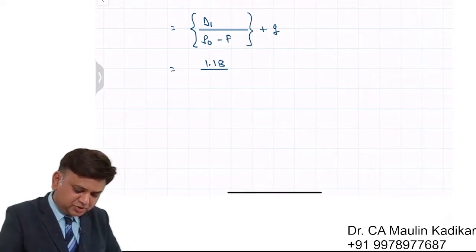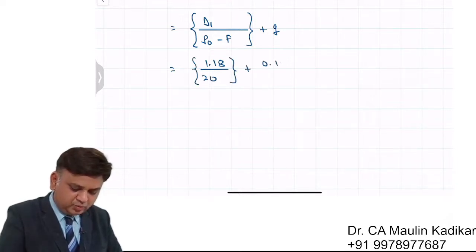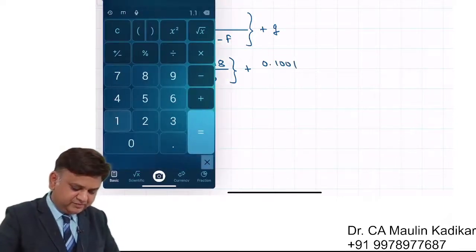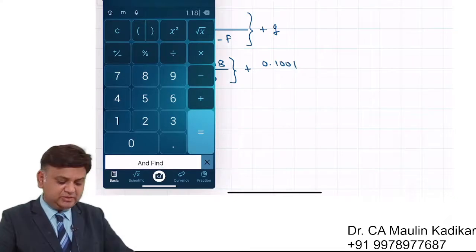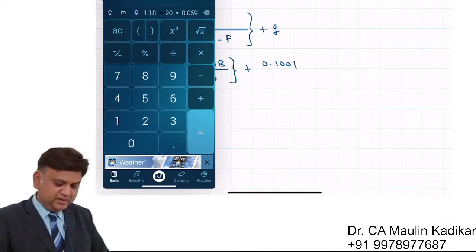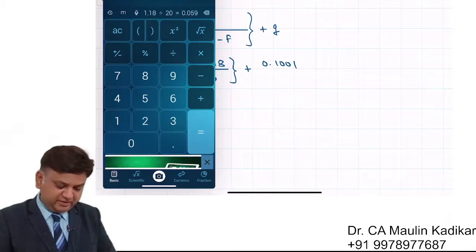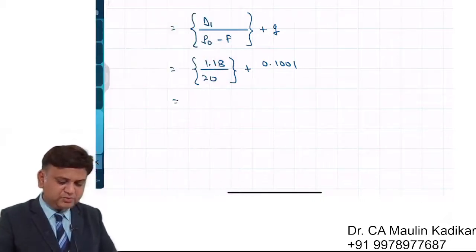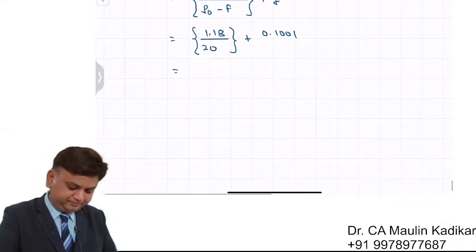P0 minus flotation cost is 20 rupees. Plus growth rate is 0.1001. So it is 1.18 divided by 20, that is 0.059, plus 0.1001. So it is 0.1591.